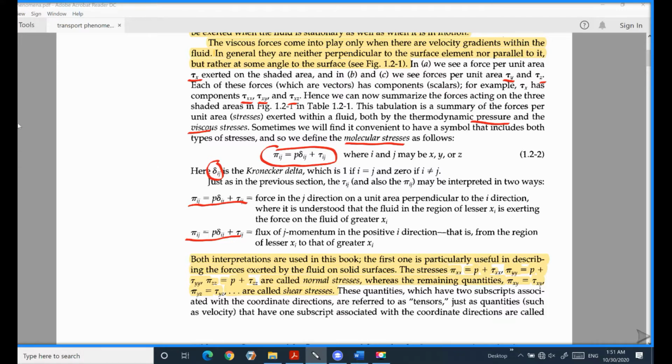That one here is called normal stresses. Other quantities like these are equal to each other, and they are called shear stresses. Two kinds of stresses: normal and shear.